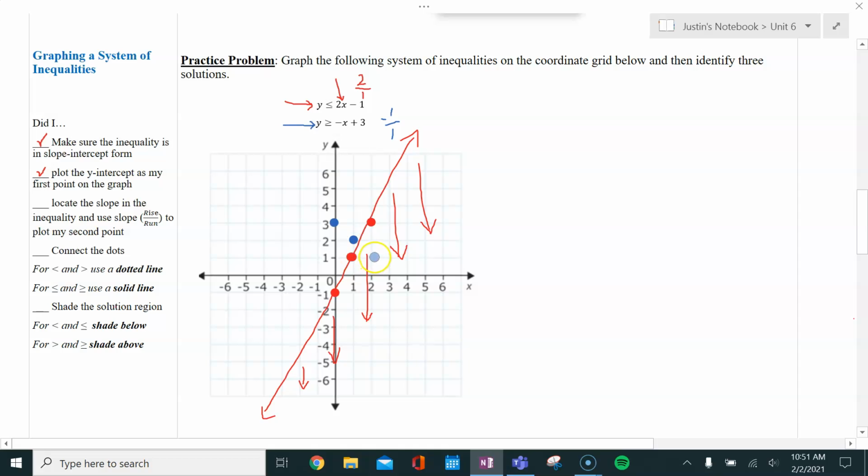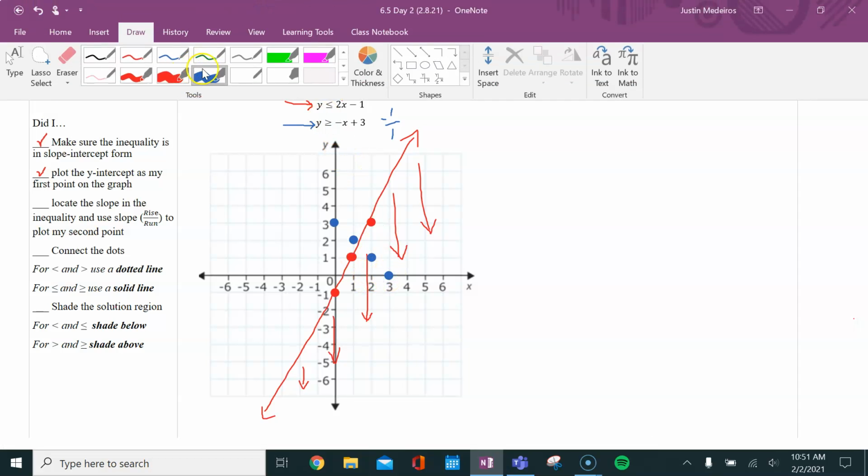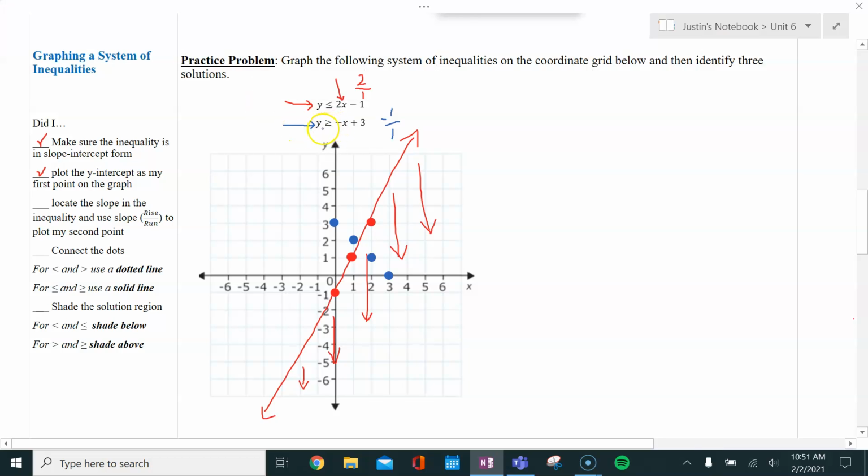Repeat the pattern, down 1 over 1, again, down 1 over 1. And again, this is going to be a solid line since it includes the equal symbol here, greater than or equal to. And where do we shade? y is greater than, so greater than tells us we shade above.